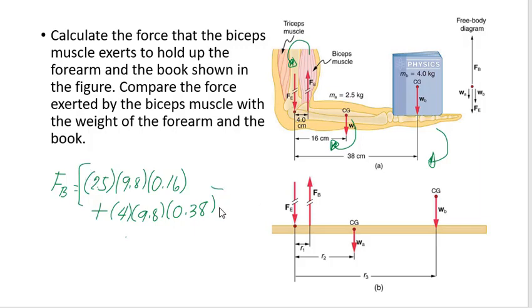Then we divide everything by the distance of the biceps muscle, which is 0.04. We have here 2.5 times 9.8 times 0.16 plus 4 times 9.8 times 0.38, divided by 0.04.